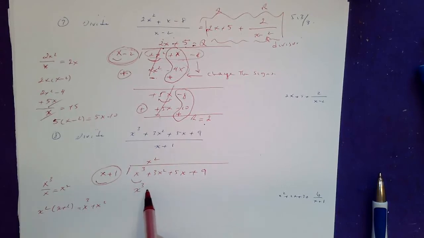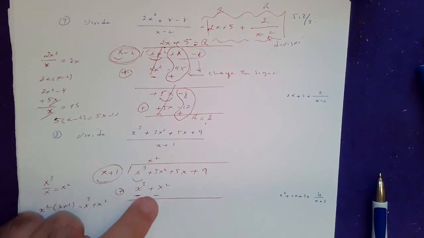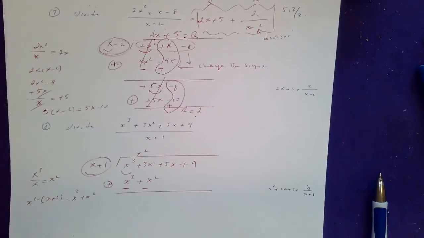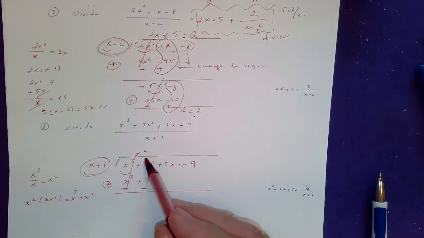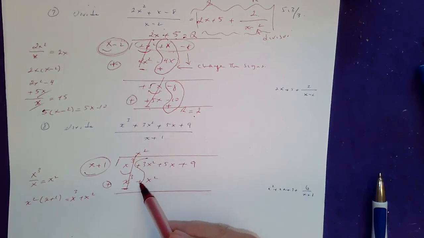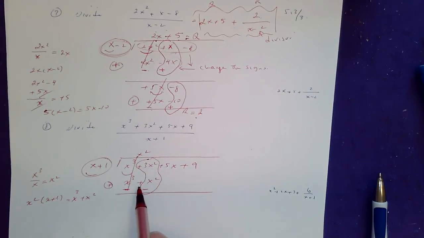Put that under your remainder. Don't forget to add, but don't forget to change the signs of these guys all the way across, not just the first one. Every term you see here, you have to change its sign to the opposite. These guys always cancel. But remember, this reads 3x squared minus x squared, and that gives you 2x squared.